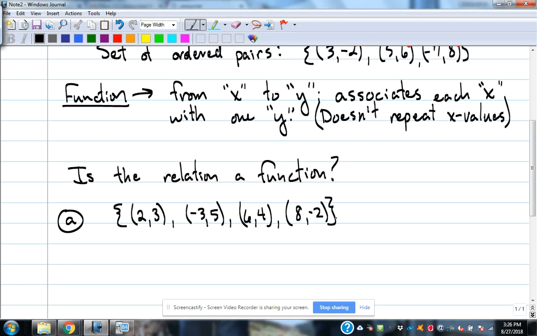The only check we have to do to decide if that relation is a function is look to see if it repeats what? The x's. If any of the x's repeat, not a function. So do any of the x's repeat? 2, -3, 6, 8. All different, right? So there's no repeating, so that is a function. So the answer to that one is yes.